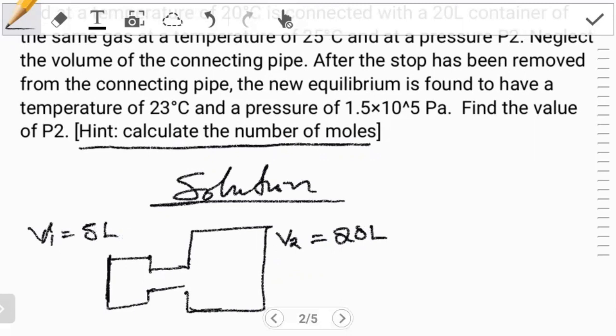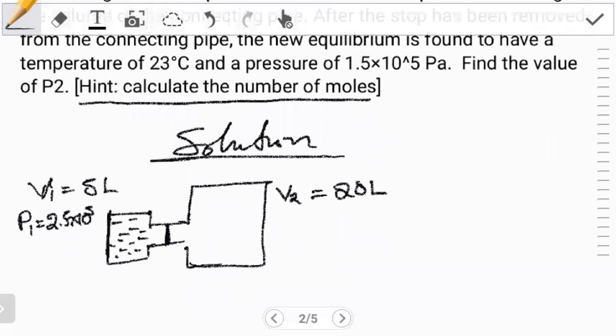Now the next thing they're saying is we have the same gas. Somewhere here we have a stopper. We're told everything about it. We have the volume of the gas this side, and we have the pressure of the gas this side, given as 2.5 times 10 to the power 5 pascals.